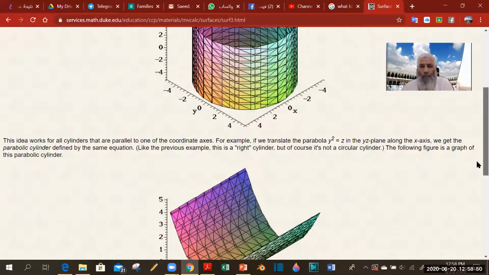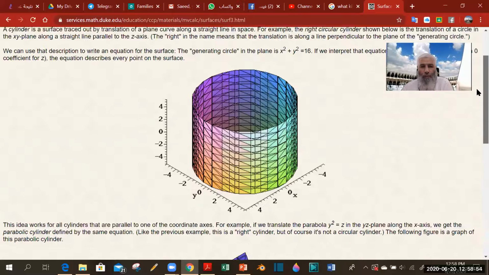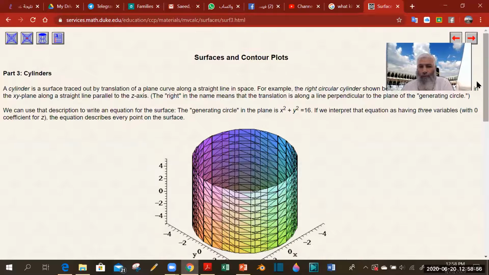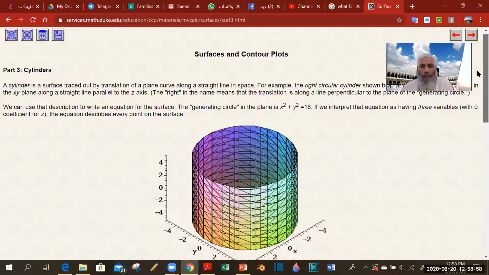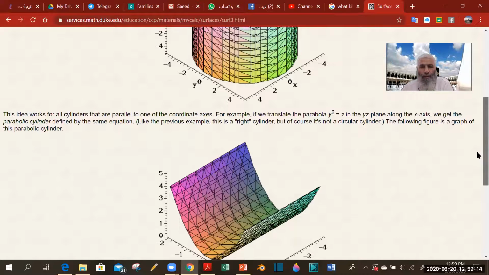y equals z squared. This is a cylinder, which is x squared plus y squared equals 16, or any number.